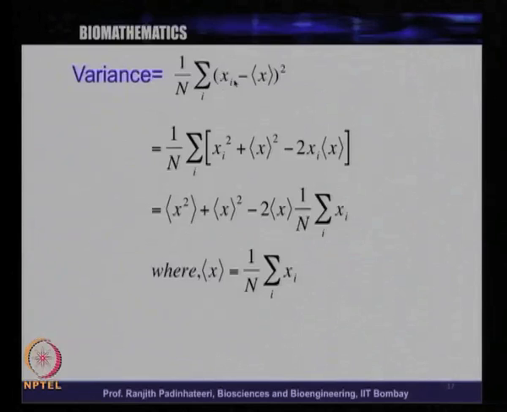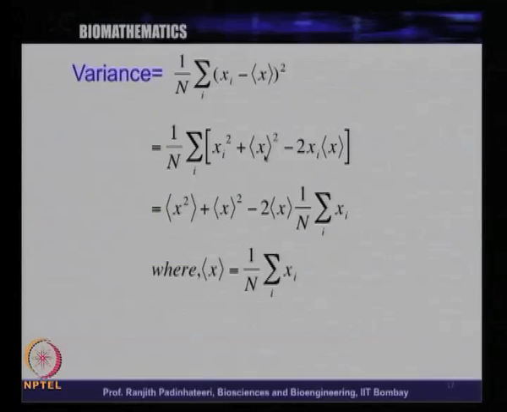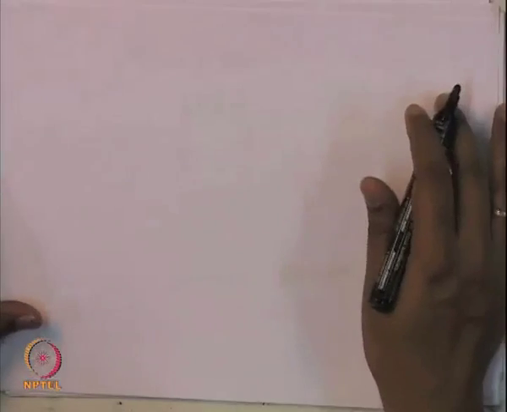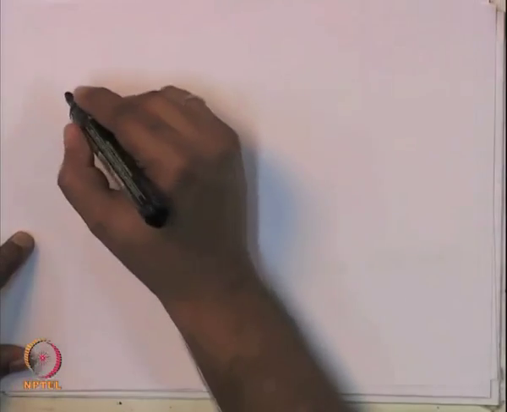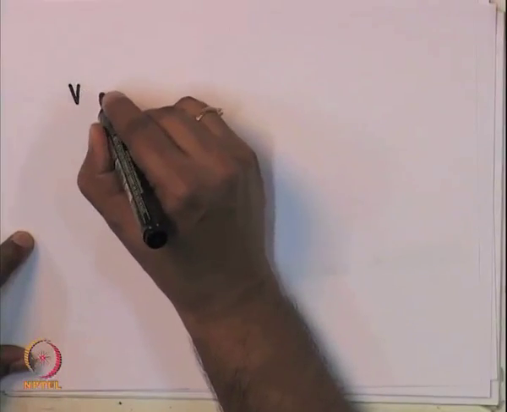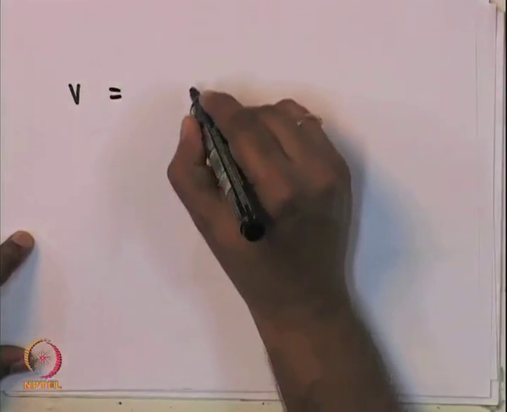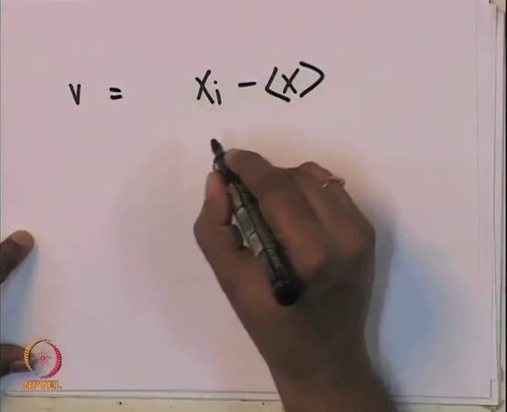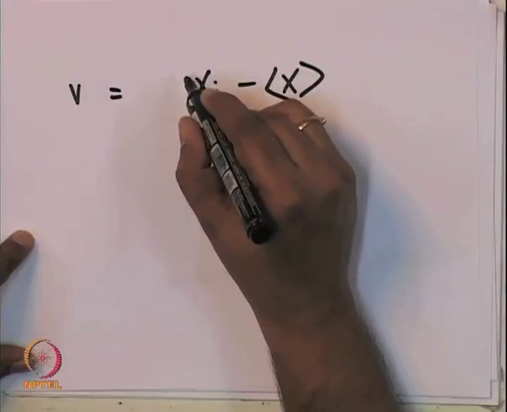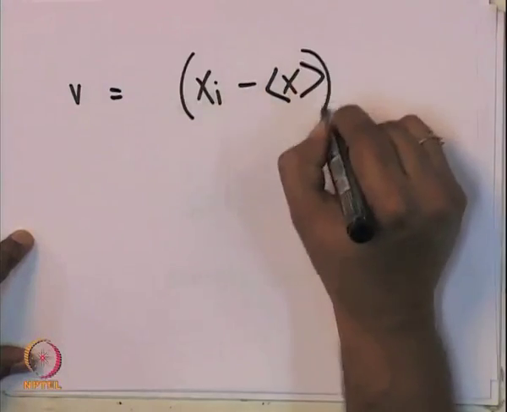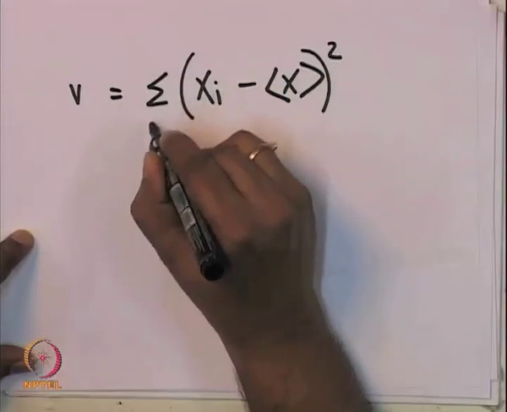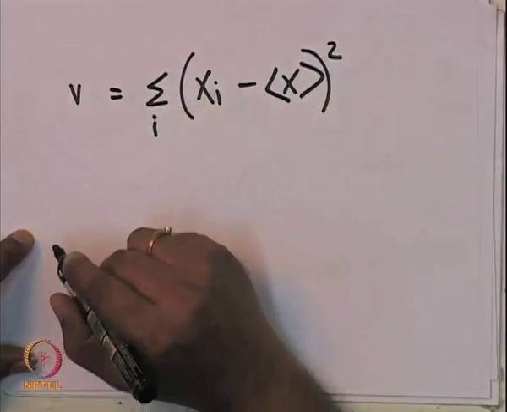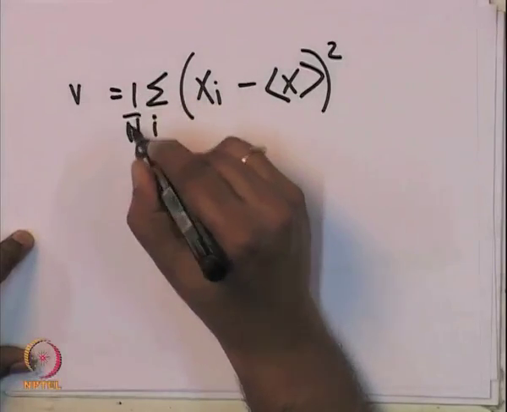So we have xi minus x average whole square. Let us check what this gives. Let me call it V for variance: V equals 1 over n, sum over i of xi minus x average whole square.